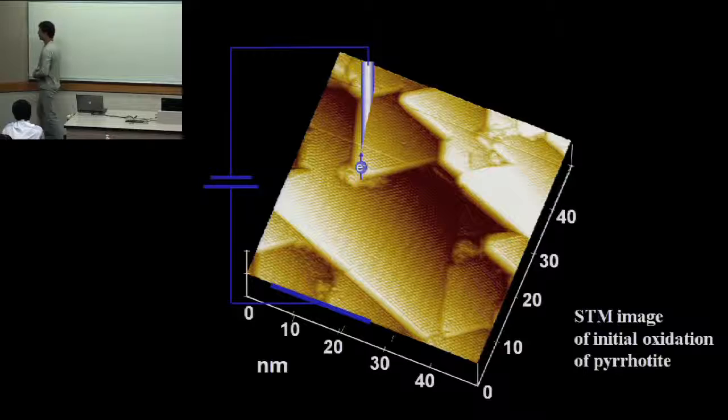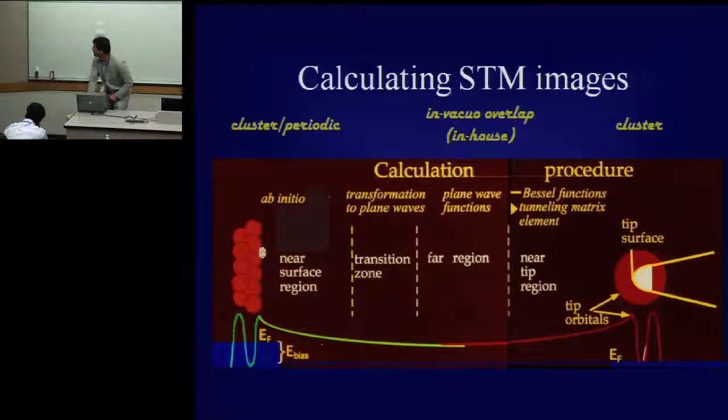When you oxidize the sample, this Fe7S8, it starts oxidizing at these corners of these terraces that we saw before. And so now we need to understand what's going on when we do STM. And this is where the theory helps. But what you need to do is essentially combine a cluster approach with a periodic surface approach.